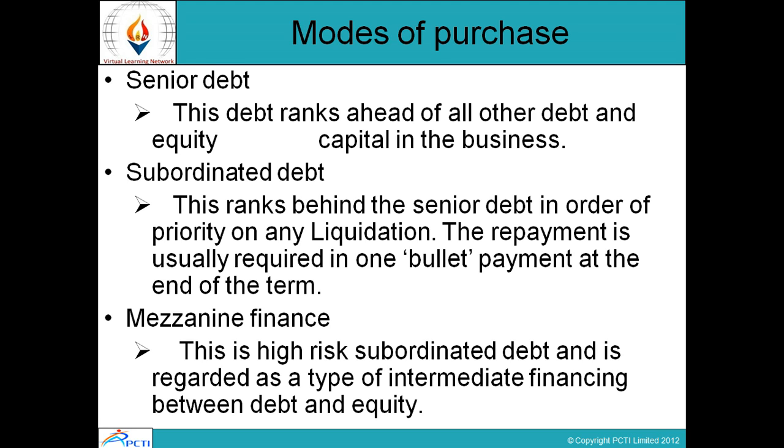When we talk about subordinated debt, this is the kind of debt which is behind the senior debt in order of priority, and it is a form of liquidation. So senior debt is the most liquidated and subordinated is the second best liquidated debt.